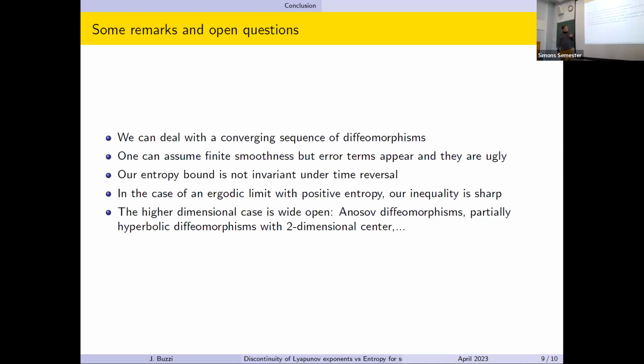One thing that you may have noticed is that even in the ergodic case, we proved the bound with this beta. Now let's look at what happens for the inverse. One of the exercises at the very beginning was that the sum of the top and bottom exponent is a continuous function, because it's just the integral of log of the Jacobian. Therefore, the discontinuities of the top and of the bottom Lyapunov exponent are proportional to each other.